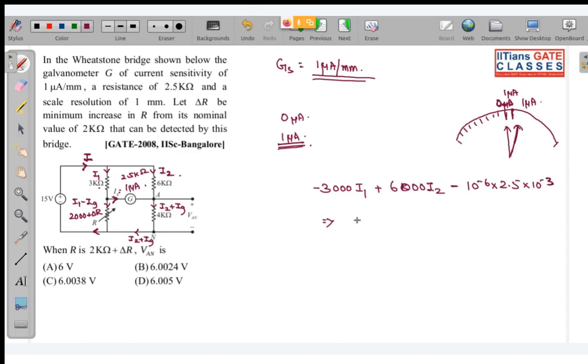Sir, it is 2.5 kilo ohms. Okay, yes, sorry, 2.5 kilo. So we will be getting 6000 I2. Wait a minute. So while applying this one, I2, but then once again I1 will be present.